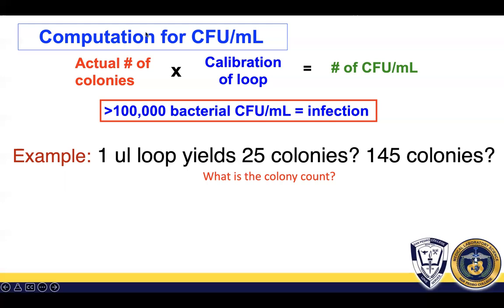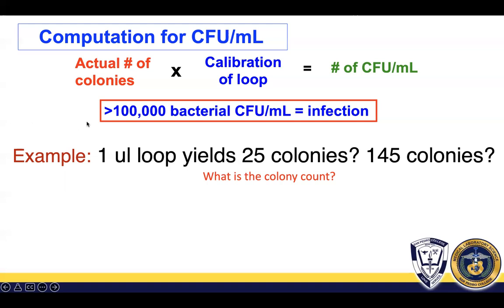So our calibration factor is 1,000 for a 1 microliter loop. If you use the 10 microliter loop, then your calibration factor is 100, because there are 100 of 10 microliters in 1 ml. Did you get that? For the 1 microliter loop, the factor is 1,000 because there are 1,000 of 1 microliter in 1 ml.